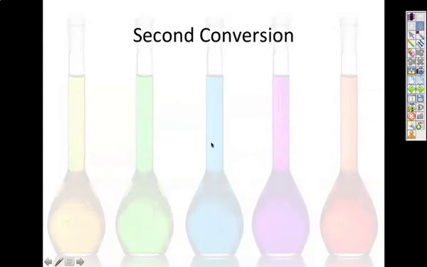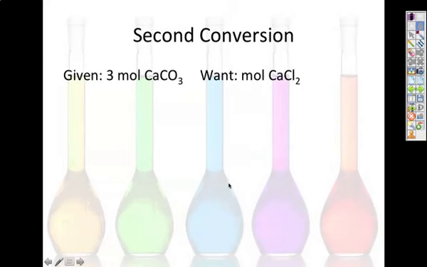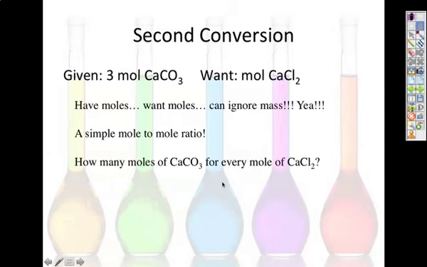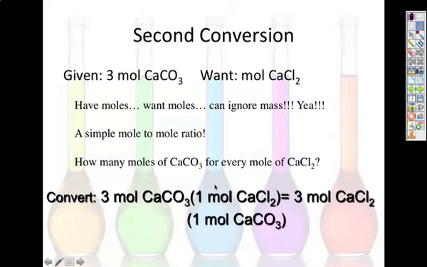So our second conversion is with my second given, 3 moles of calcium carbonate. And again, I'm looking for moles of calcium chloride. And again, we have moles. We want moles. We can ignore mass altogether, so we're going to have another 1 step. Start out with my given again.